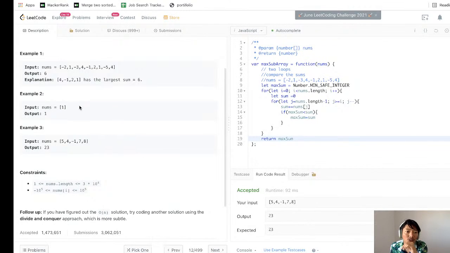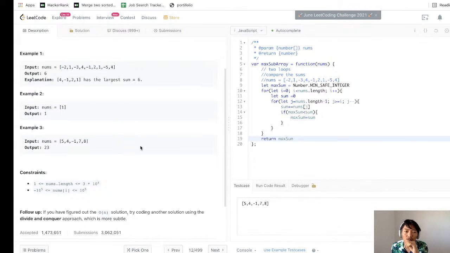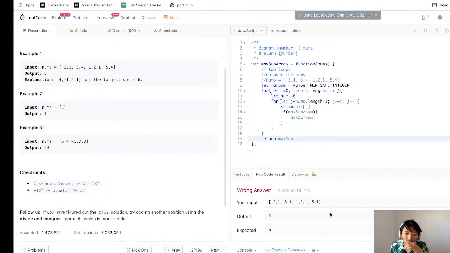This one is working, but if this is the test case, it's not working. Why is that? Let me check why. Wrong answer, because.